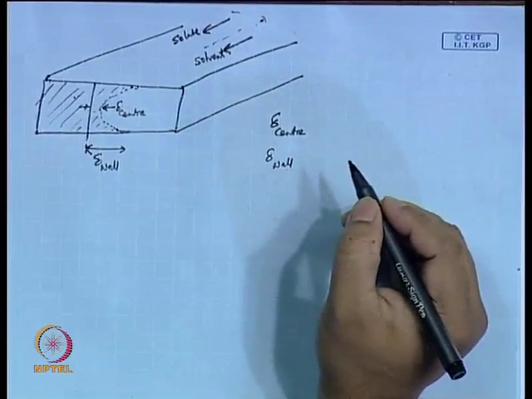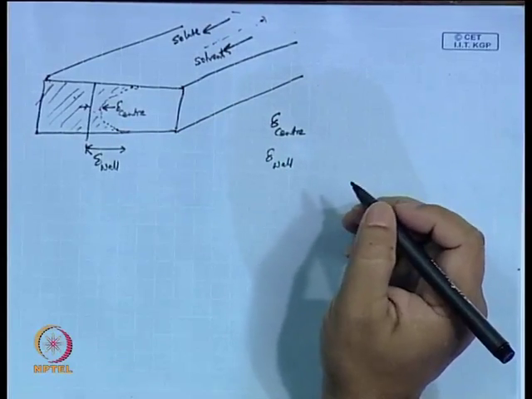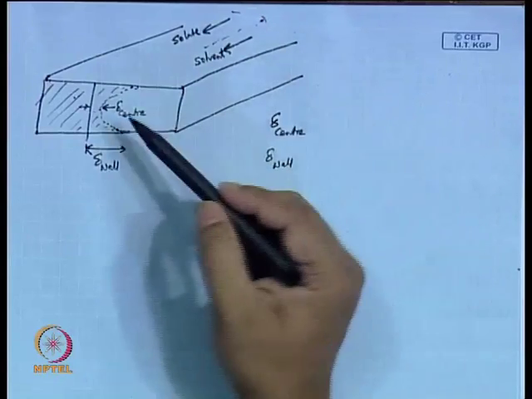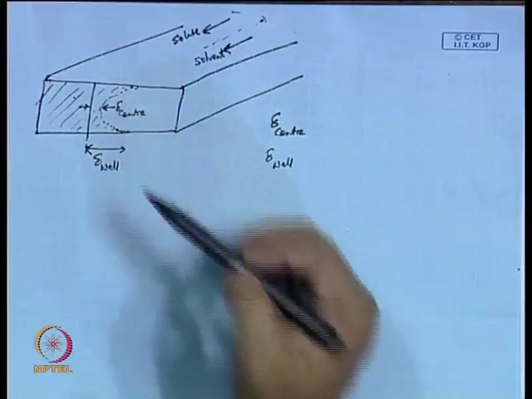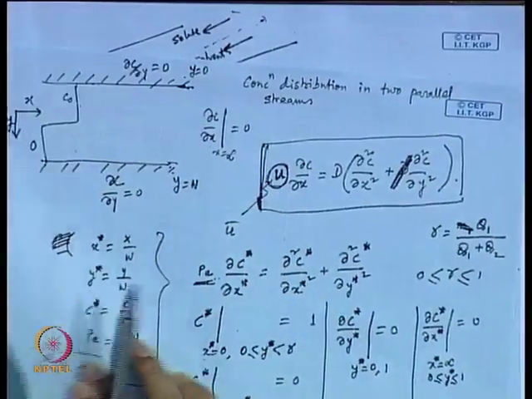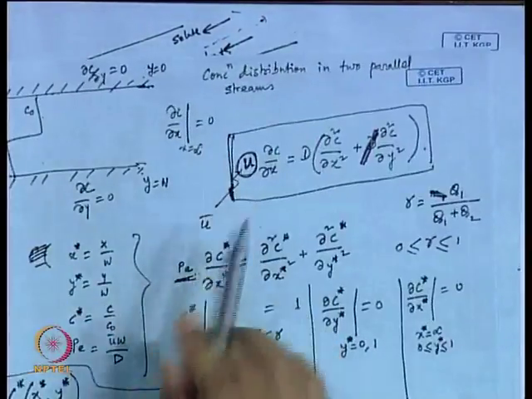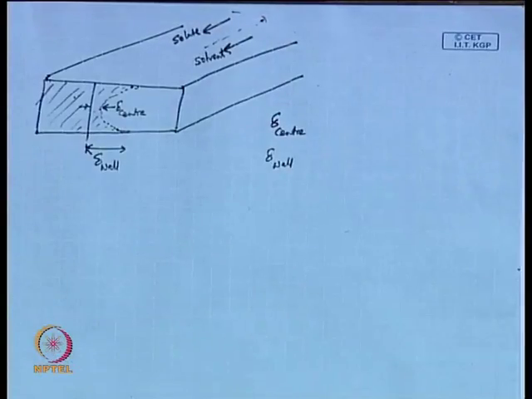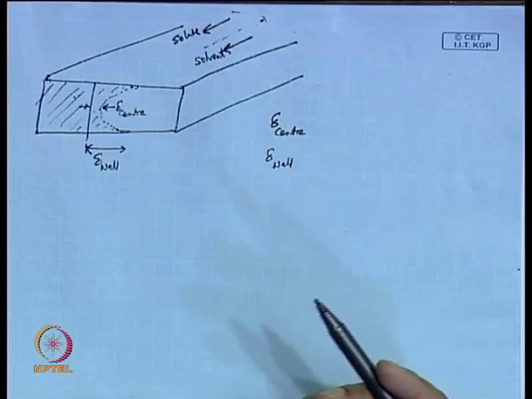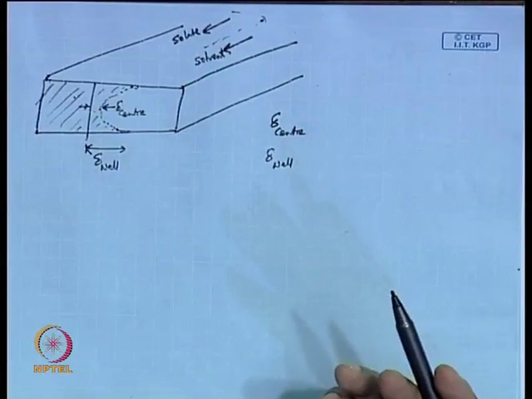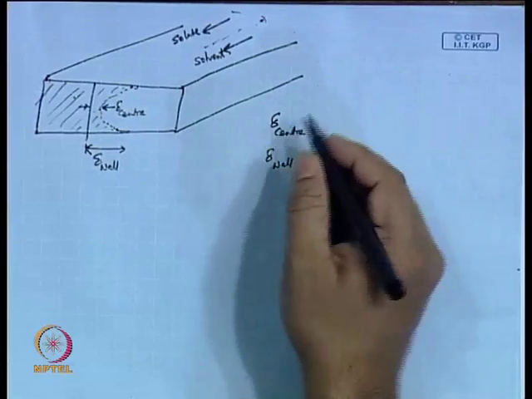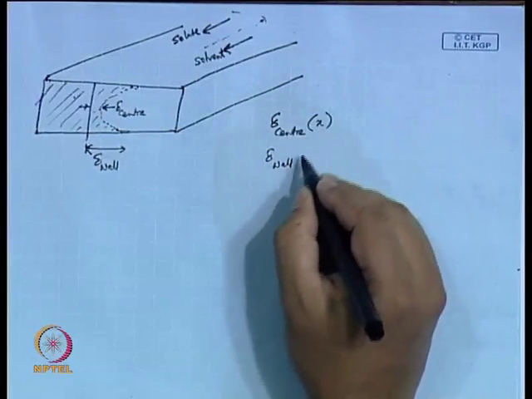But to have this you cannot consider u to be the average u. You have to consider the actual u, the velocity distribution, and then you solve numerically and find out how much the penetration would be. From there you can calculate delta center as a function of x and delta wall as a function of x.